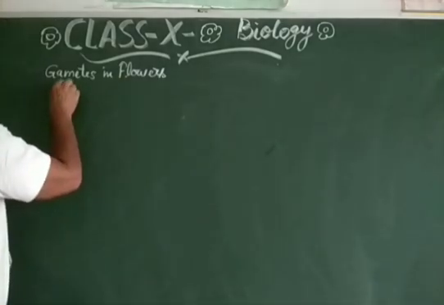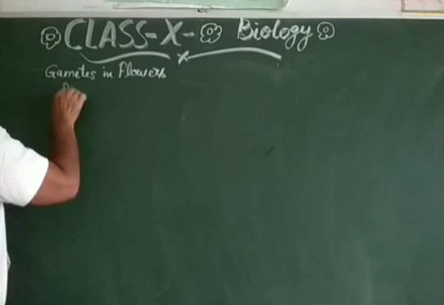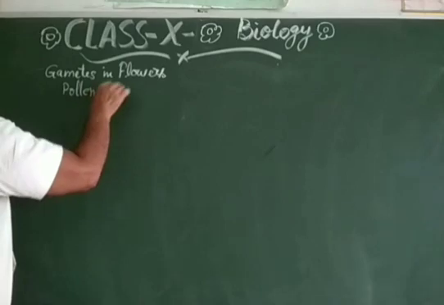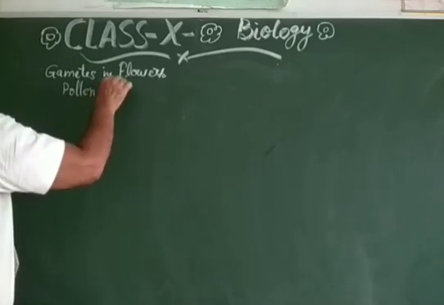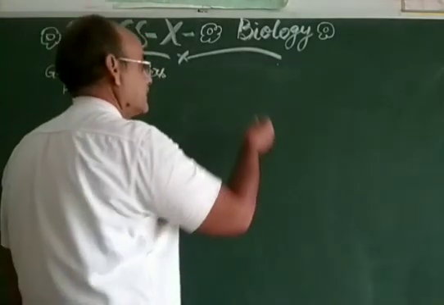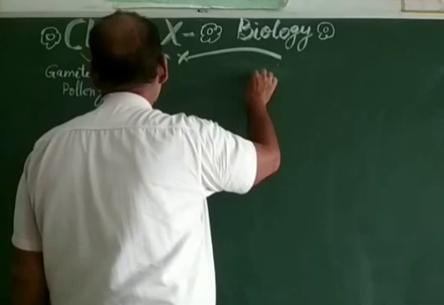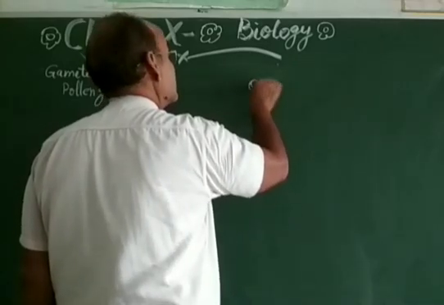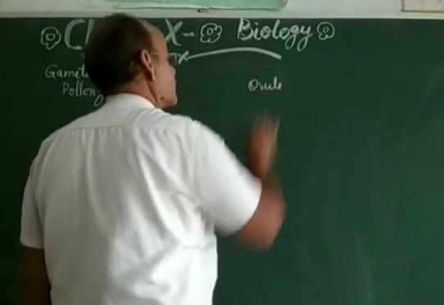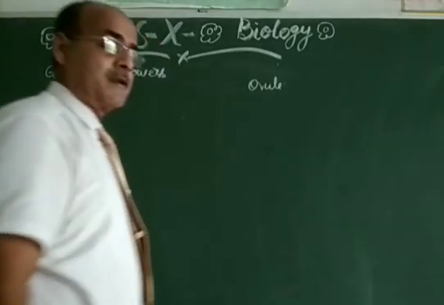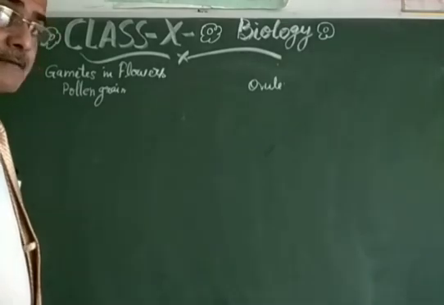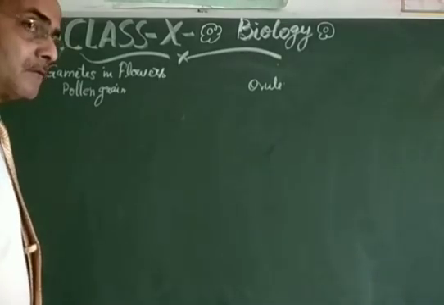So gametes are the pollen grain, and next is the ovule. So you will study the structure of the pollen grain as well as the ovule, which is situated in the ovary.